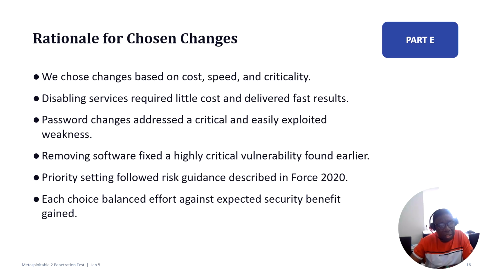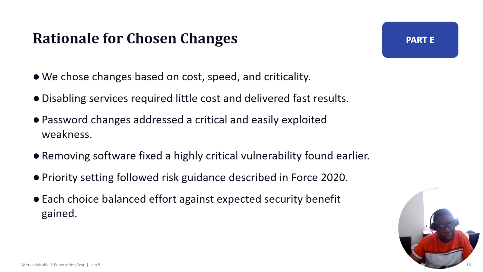I picked these three changes specifically based on cost, how quickly I could implement them, and how critical the underlying vulnerability was. Disabling the unnecessary service cost almost nothing and delivered results fast.